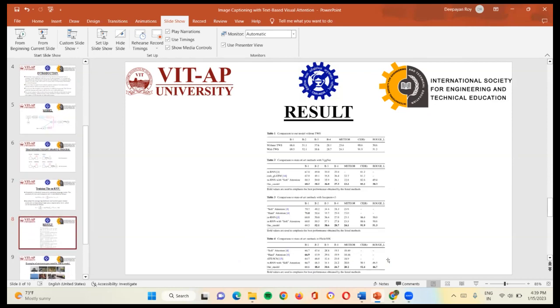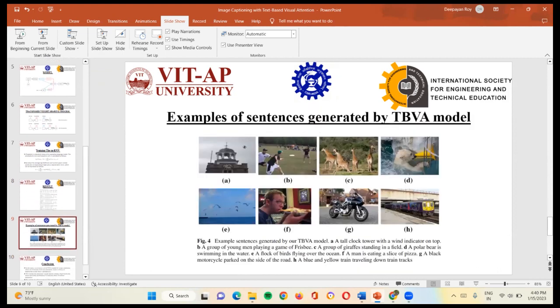Here we are comparing our model with different models. We can see that our model performs the best among all the models. Here are some examples.